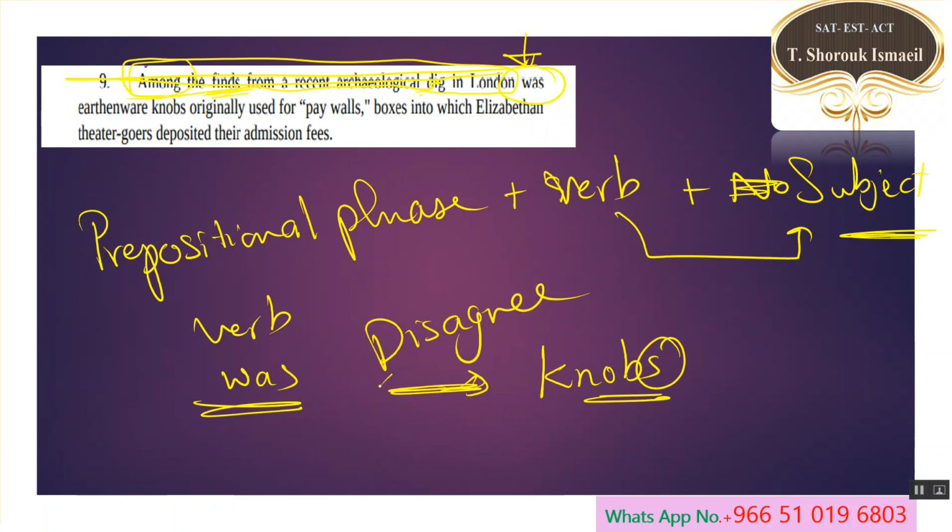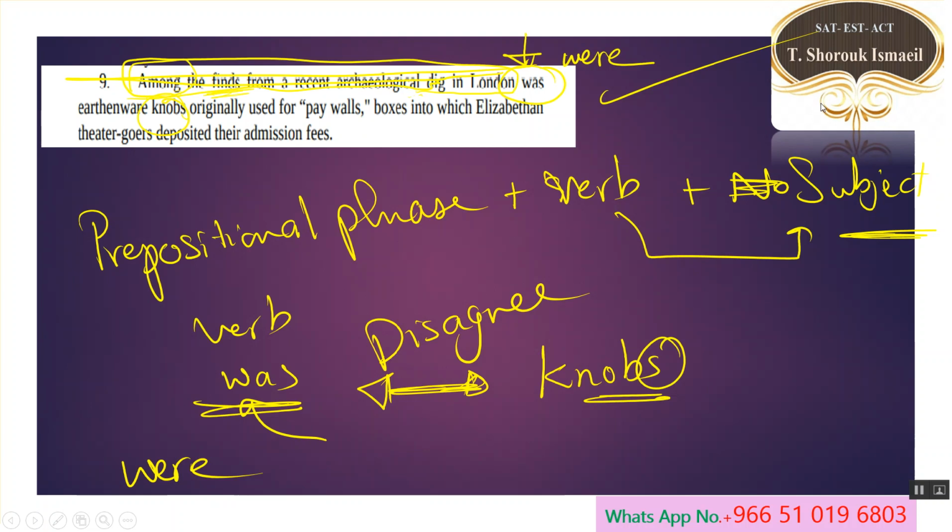What do I do to stop this fight between the verb and the subject? I need to fix my verb and make it singular, like it will be was. Okay, so the correction will be among the finds from a recent archaeological dig in London, was an urn. Like this, it is correct.